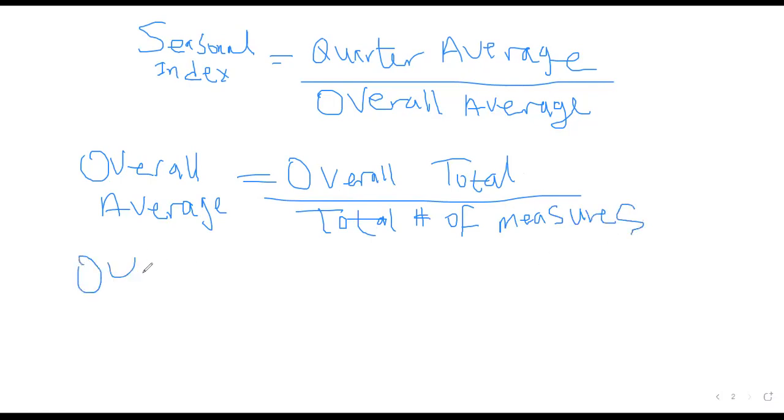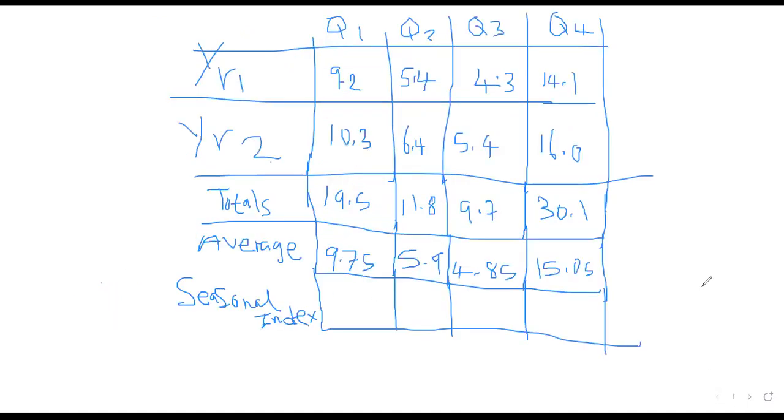So our overall average, okay, is equal to our overall total. From the table, we can get the overall total here: 19.5 plus 11.8 plus 9.7 plus 30.1. So it's 71.1.